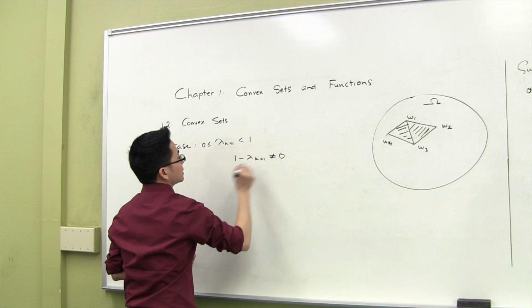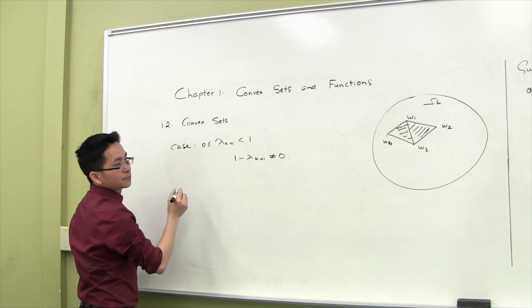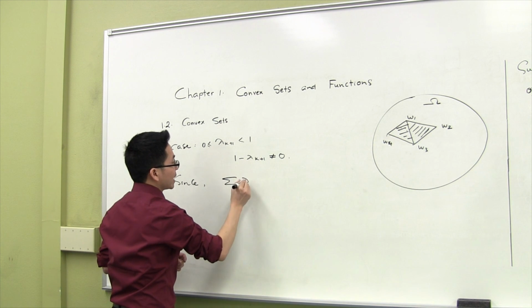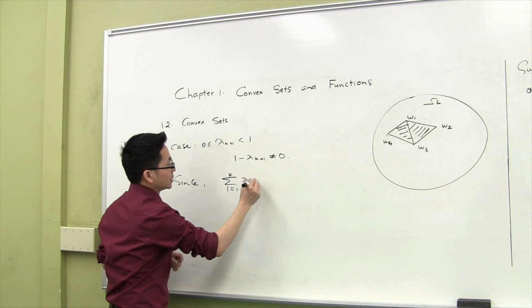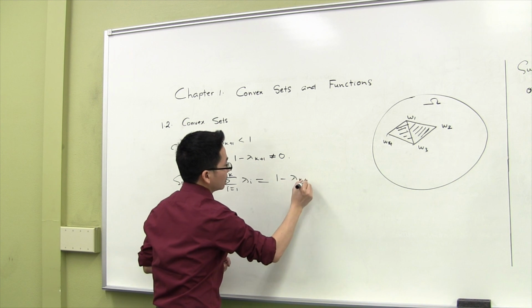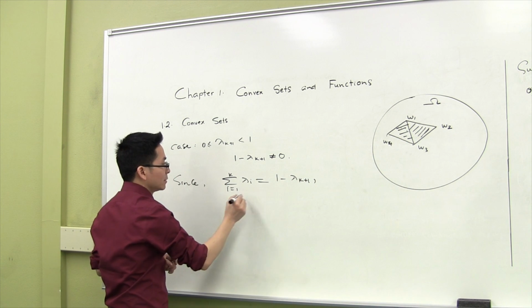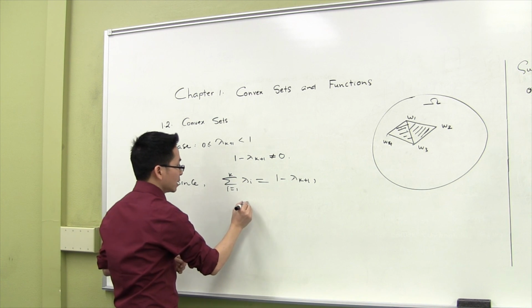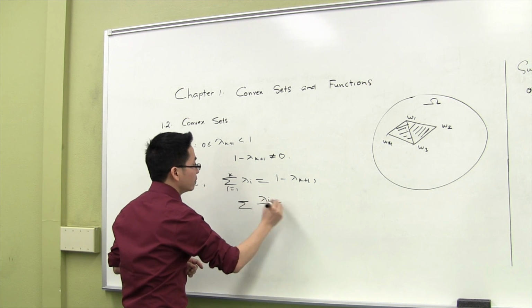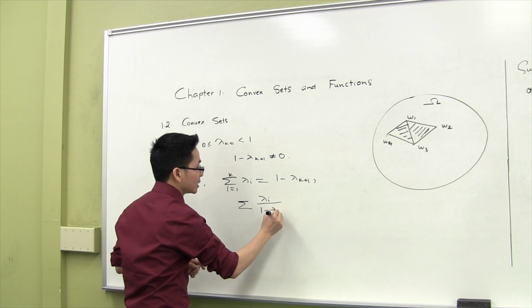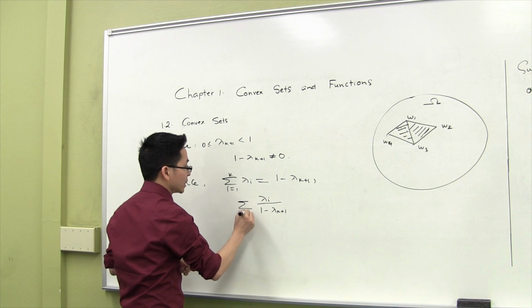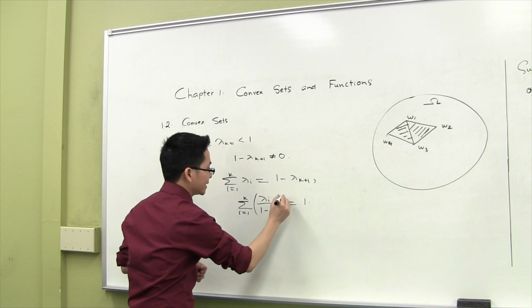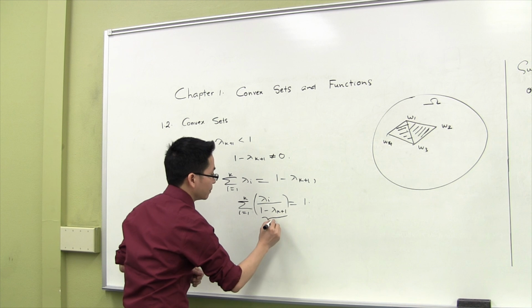Then, since the sum of lambda i, where i runs from 1 to k, is equal to 1 minus lambda k plus 1, we can rewrite it by dividing both sides by 1 minus lambda k plus 1 as follows. The sum of lambda i over 1 minus lambda k plus 1, where i runs from 1 to k, is equal to 1.